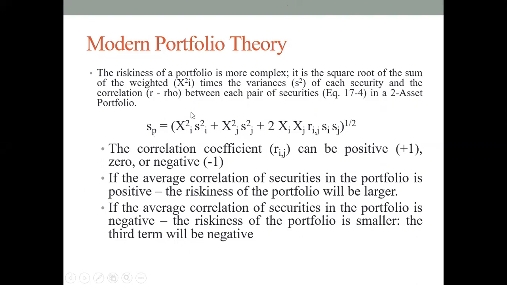And here we can see that the standard deviation is the weight of security 1 multiplied by the standard deviation of security 1, squared, plus the weight of security 2 and the standard deviation of security 2, squared, plus 2 times weight of security 1, weight of security 2, R, which means the correlation between these two securities, multiplied by standard deviation of security 1 and standard deviation of security 2, and the whole to the power 1 by 2, which means it's a square root.